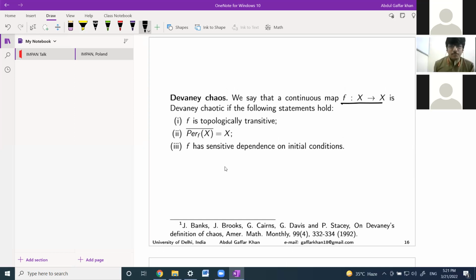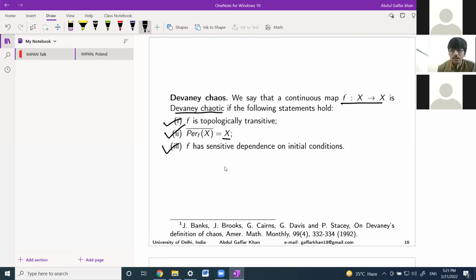and it says that the map is said to be Devaney chaotic if f is topologically transitive, the set of all periodic points is dense in the space X, and it has sensitive dependence on initial conditions.